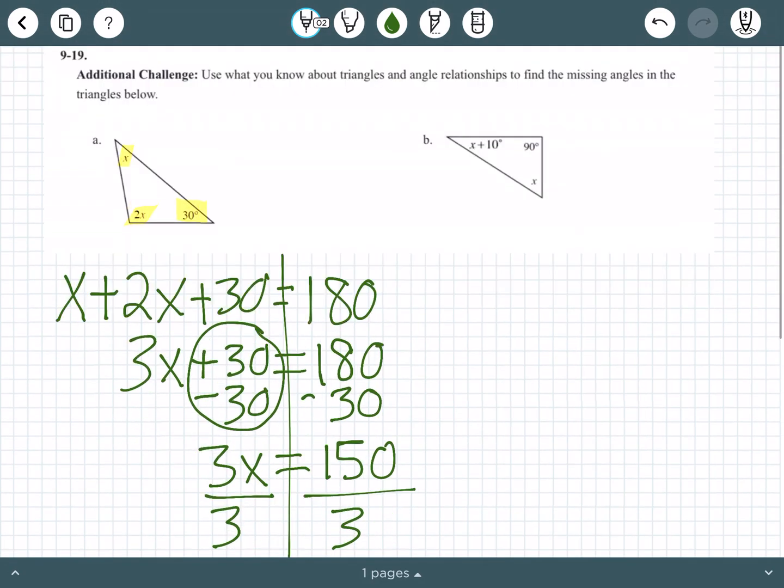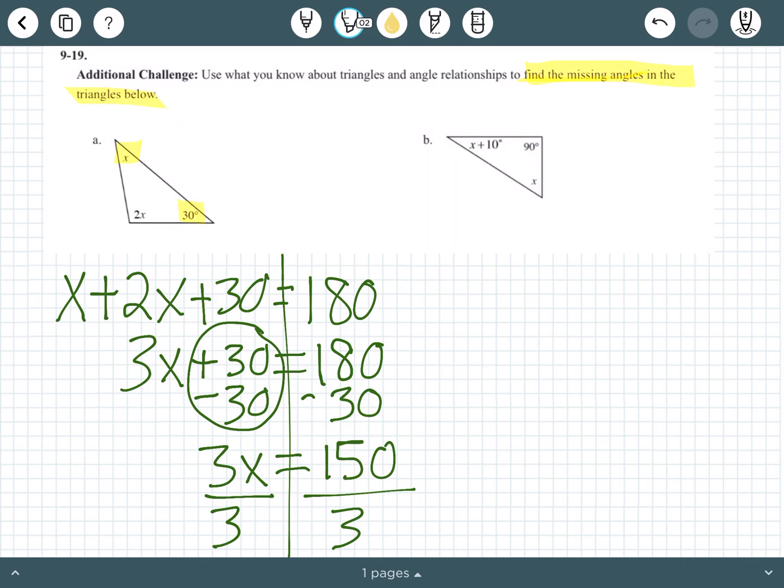But wait, did it tell me to find what x equals? Let me see. Oh no, it said to find the missing angles in the triangles below. So I'm not finding what x equals, I am finding what the missing angles equal. I already know this angle is 30 degrees.